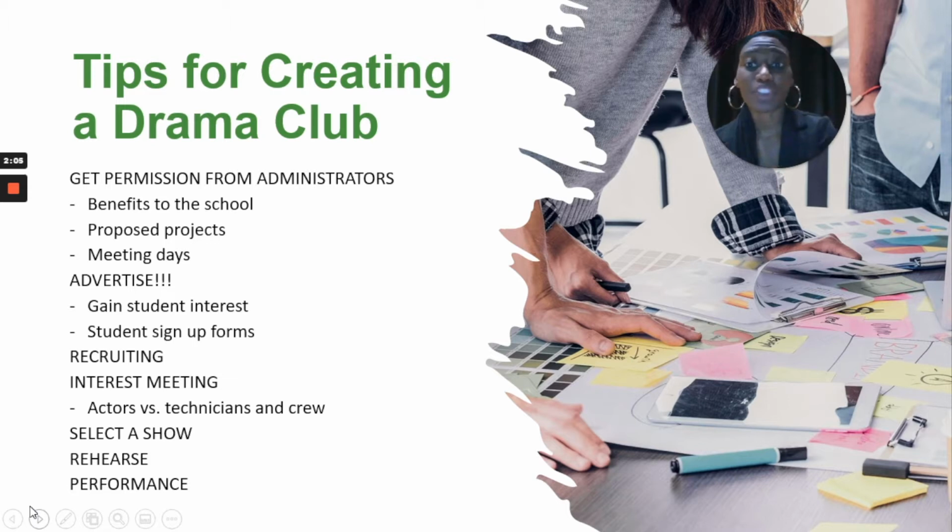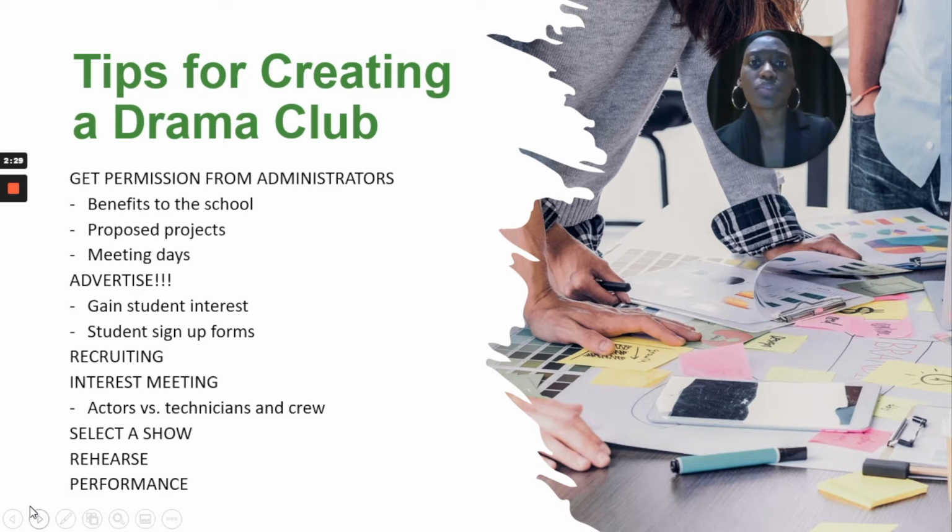First, you want to make sure you get permission from your administrators. When I tried to start a drama club at my previous school, I met with my principal and I outlined the benefits of having a club to the school. Sometimes certain administrators think, well, there's already a class. Why do we need to have a club?